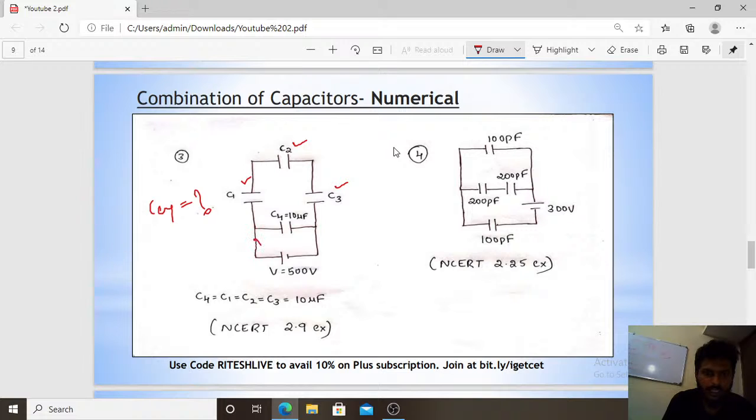Because when a current I flows, it will move in two ways, but this way is a single path, right? So I can write C equivalent for that path is 1 by the value given, 10: 1 by 10 plus 1 by 10 plus 1 by 10. So get me the C equivalent value please. That is 3 by 10 for this.